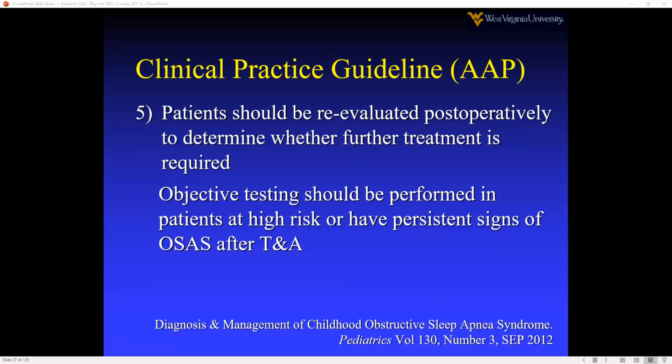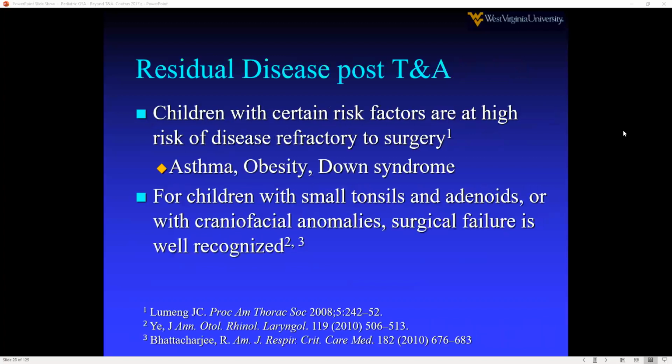They may still be restless in bed, and I'll look at reevaluation if they have significant comorbidities such as obesity, seizure disorder, Down syndrome perhaps. Because parents can't always tell that obstructive sleep apnea is gone.